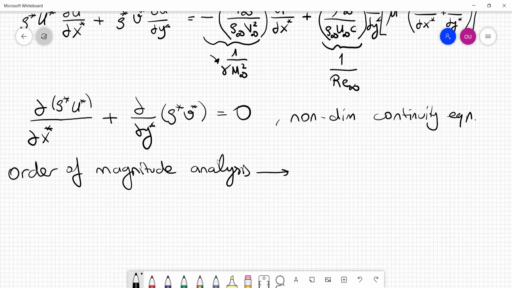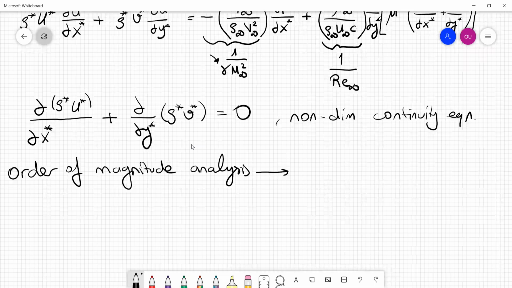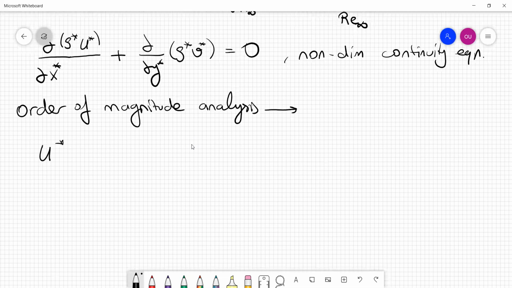So for example, u star varies between more or less 0 and 1 across the boundary layer. We are right now focusing on the boundary layer, not any general fluid mechanics problem.